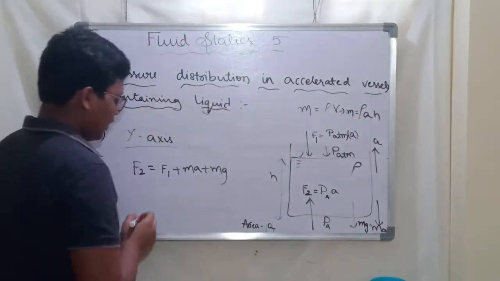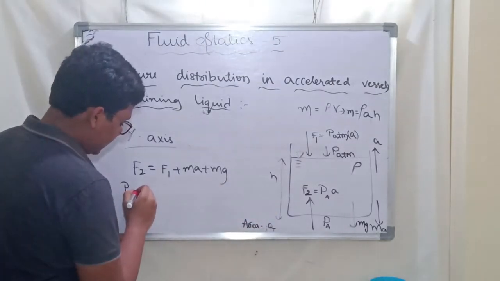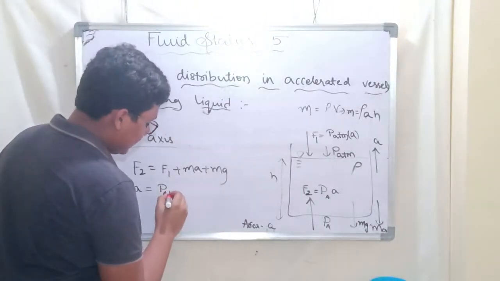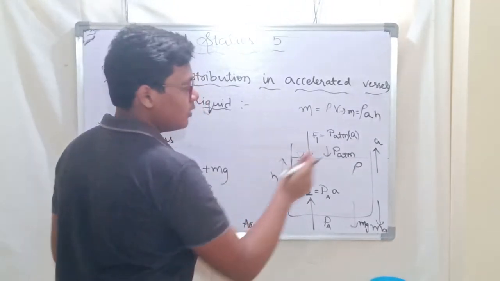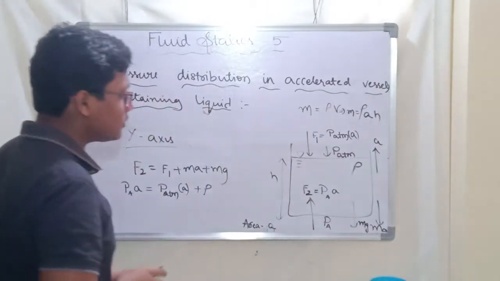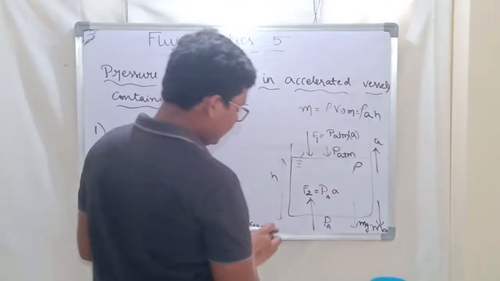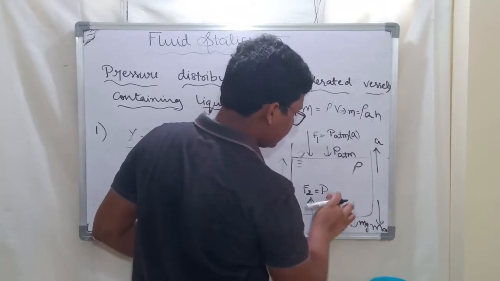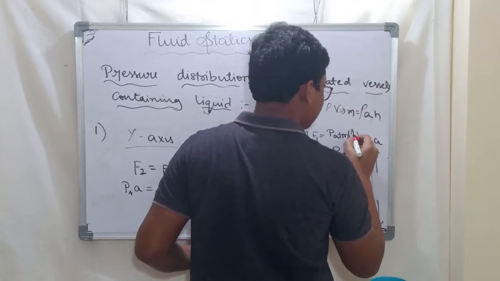Now we'll substitute all those values. PA into A is equal to P ATM into A plus rho A h. Oh, we took acceleration also. Okay, we'll take the area as capital A1, so this is A1, and this is also A1.